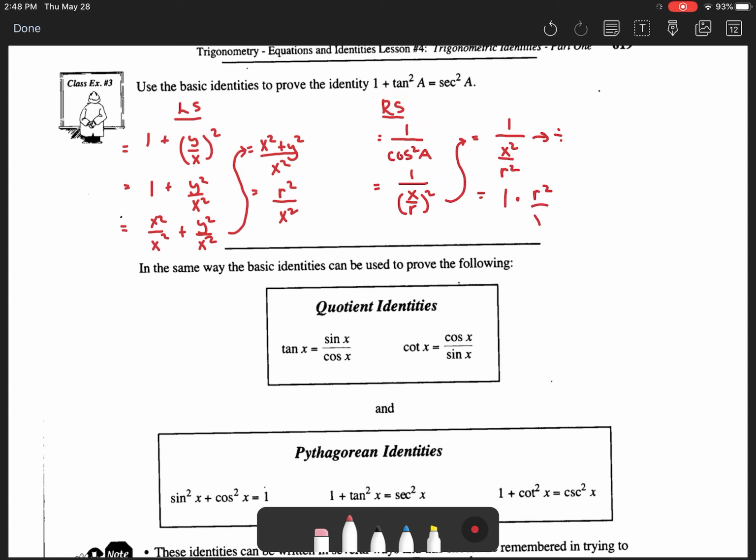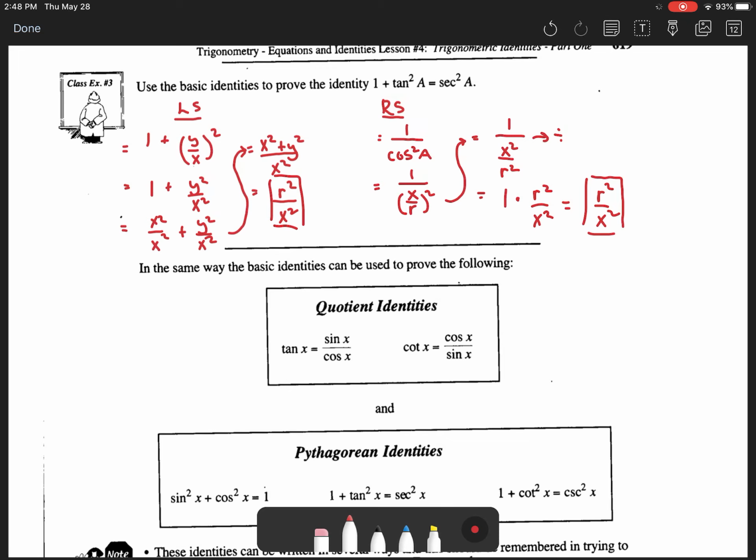Again, this line here means division. So this becomes 1 times r squared over x squared, and obviously that ends up being r squared over x squared. So I ended up with r squared over x squared as the final expression on both the right and left-hand sides of the identity. So we're good.